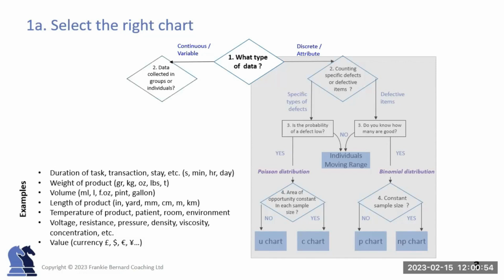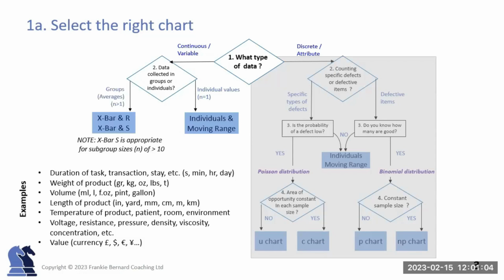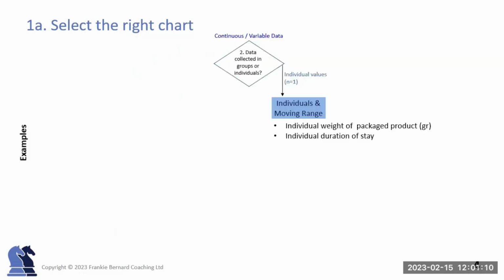Now, obviously, as iterated in the session that talked about the key principles, whether you're collecting individual data points or reporting the average of a sample will dictate which graph you use. In the case of individual and moving range, it's very straightforward.